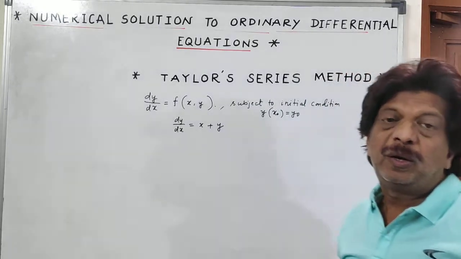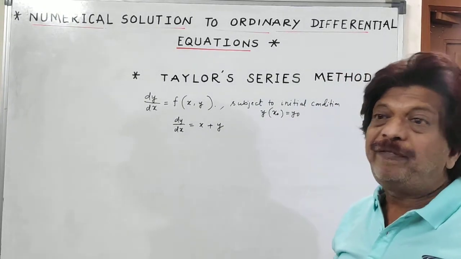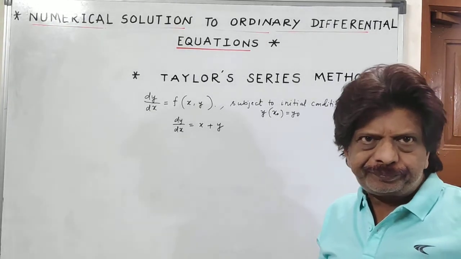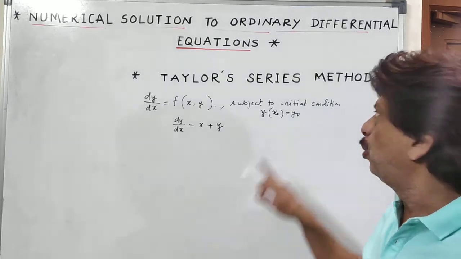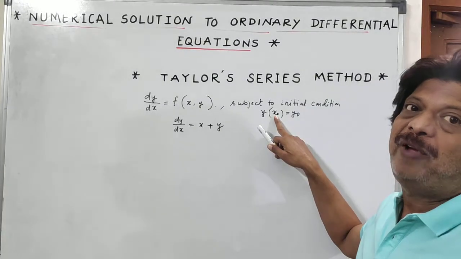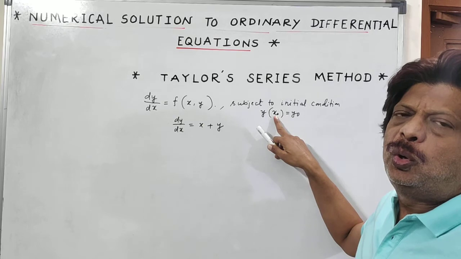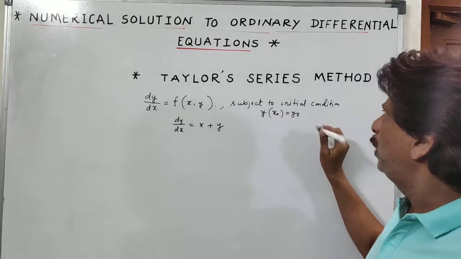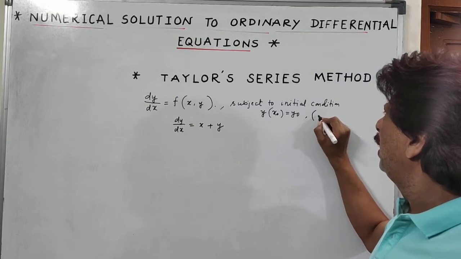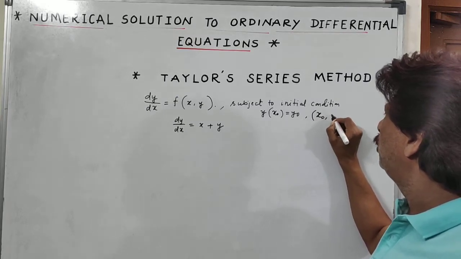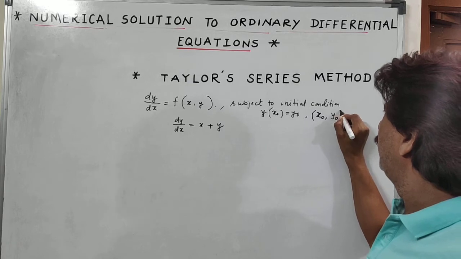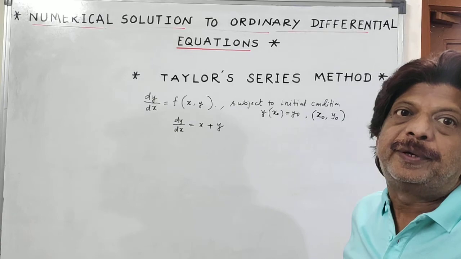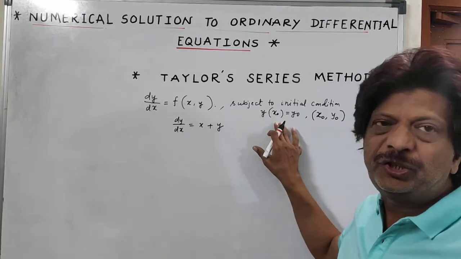What does it mean? y of x0 is y0 means when initially the value of x is x0, at that value of x equal to x0, y takes the value y0. So the initial point is x0 comma y0. Note this. This is an initial point. It is also called an initial condition.